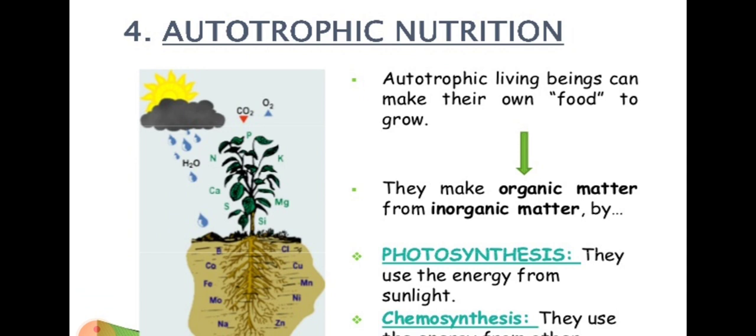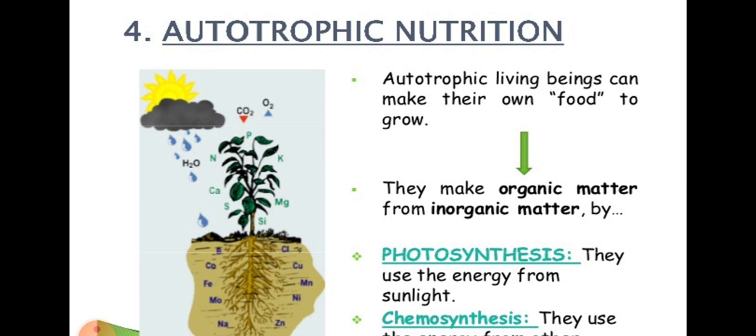In simple language, in autotrophic nutrition, living beings make their own food to grow. All green plants are autotrophs. This is because green plants can make their own food from simple substances like carbon dioxide and water present in their surroundings by the process of photosynthesis.